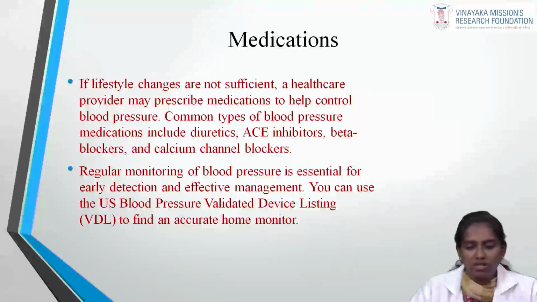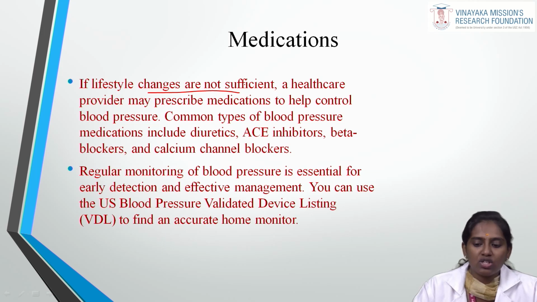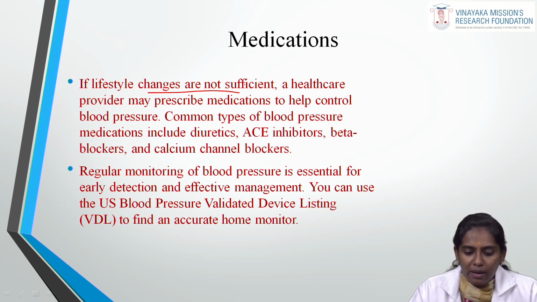Then what about medications? Mainly you have to consult the doctor. You should not take medicines on your own. If lifestyle changes are not sufficient, a healthcare provider may prescribe medications to help control blood pressure. Common types of blood pressure medications are diuretics, ACE inhibitors, beta blockers and calcium channel blockers.